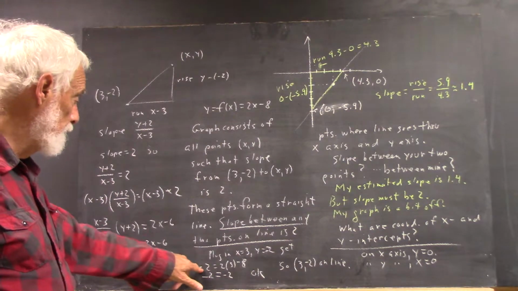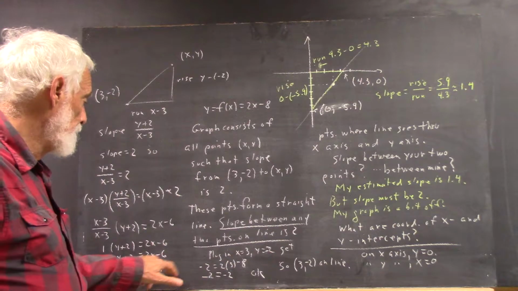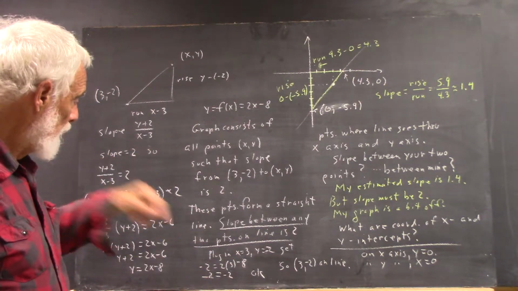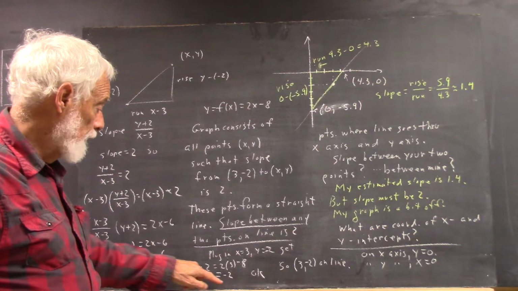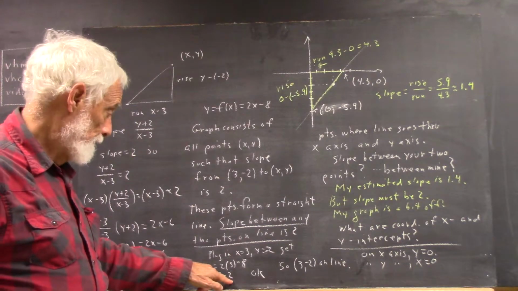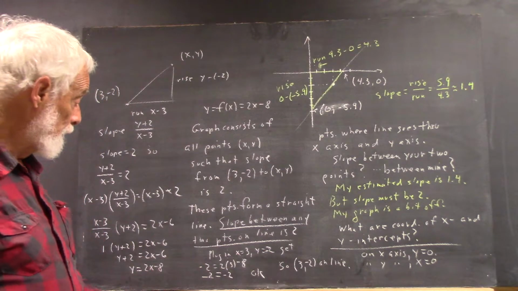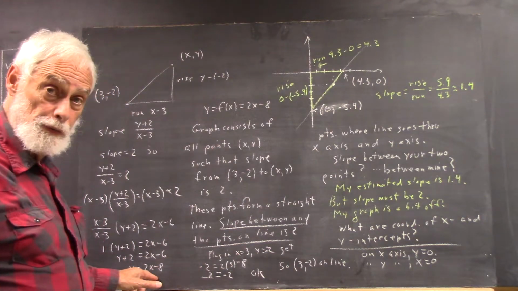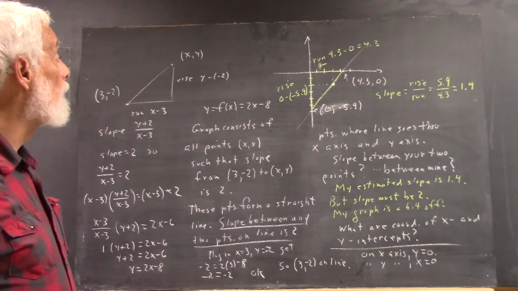Y is -2, so we have -2 equals 2 times 3 minus 8. And 2 times 3 is 6, and 6 minus 8 is -2. So we get -2 equals -2, meaning that x equals 3, y equals -2 does satisfy this equation. So this is a point on the graph of this function.